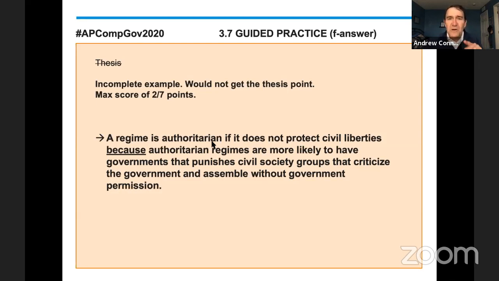But if you don't have a thesis, even though it's only 1 point, it's a really critical point for this argument essay, because if you don't have a thesis, the maximum score you can get on this essay is only 2 out of the 7 points, which would be a disaster. So you've got to have a solid thesis.